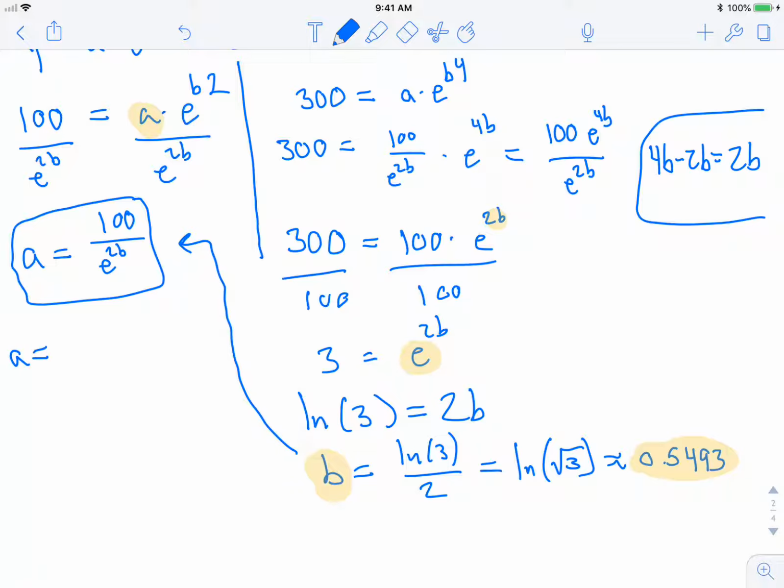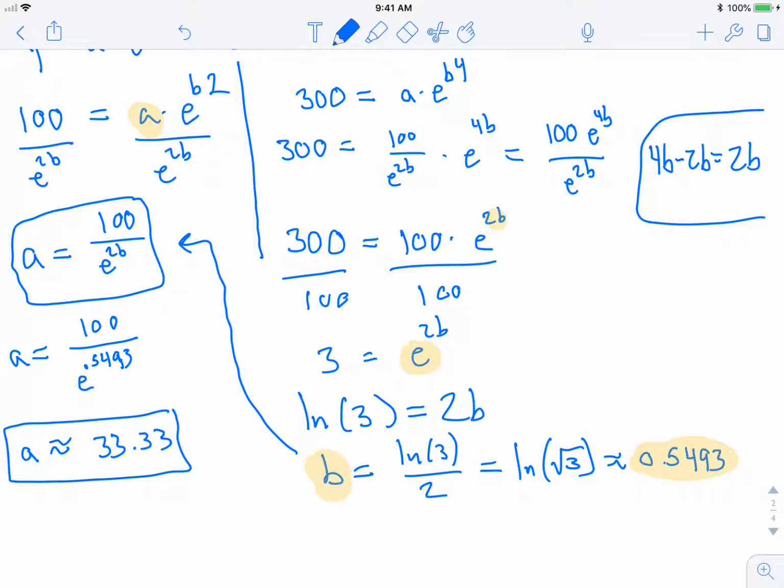A is equal to 100 divided by e to the power 0.5493 times 2. And with a little help from our calculator, we get that a is approximately 33.33. So now that we have this, we can finish off our equation here.